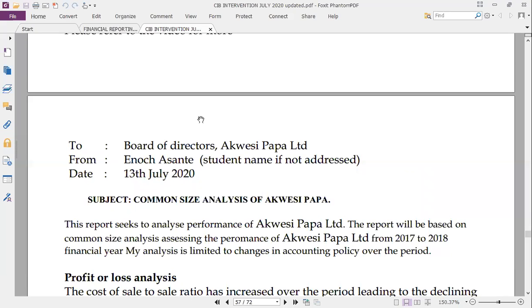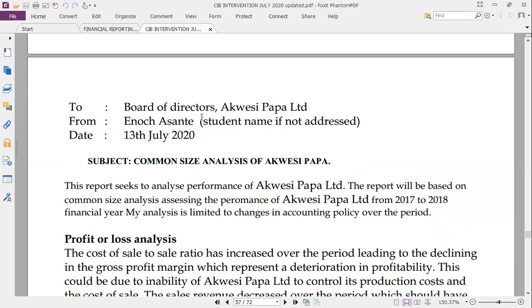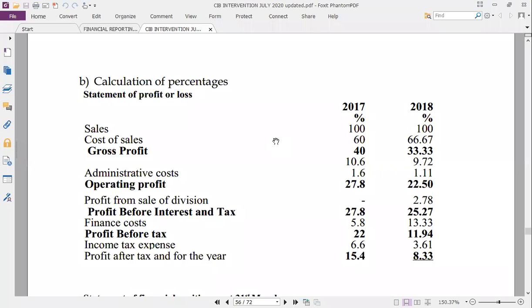Good. So you see the introduction. Perfect. So that's the introduction of it. Now, cost of sales.